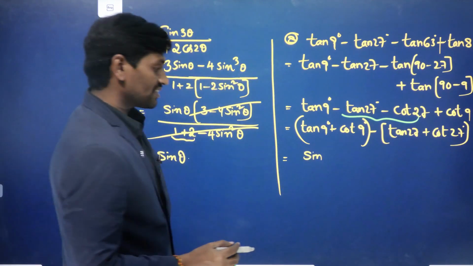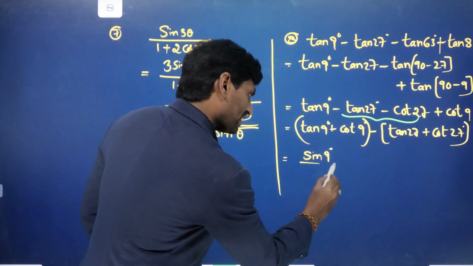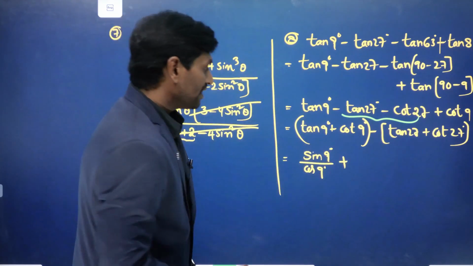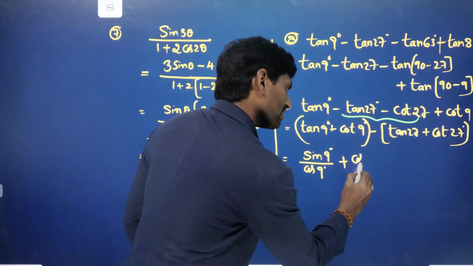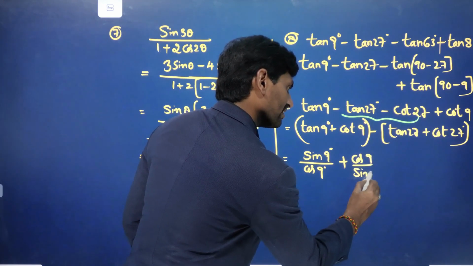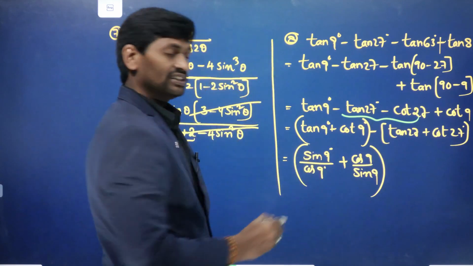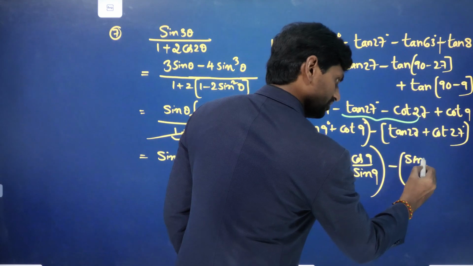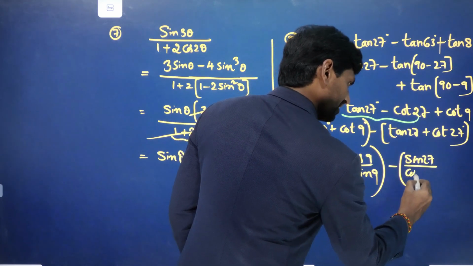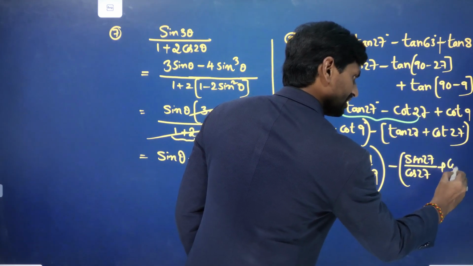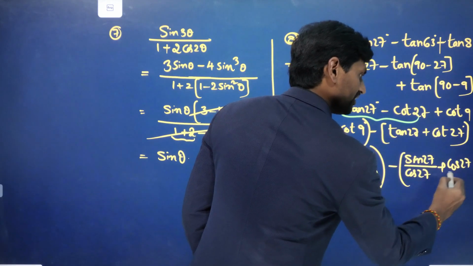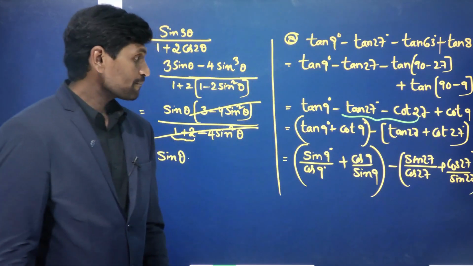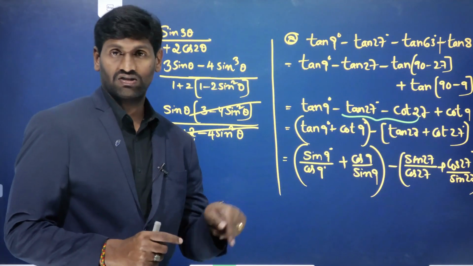Tan ratio we can express as sin by cos. So tan 9 degrees I can write as sin 9 degrees by cos 9 degrees, and in the same way cot 9 as cos 9 by sin 9 degrees. Similarly the second one: sin 27 degrees by cos 27 degrees, cos 27 degrees by sin 27 degrees. So I just converted tan and cot into ratios of sin and cos.